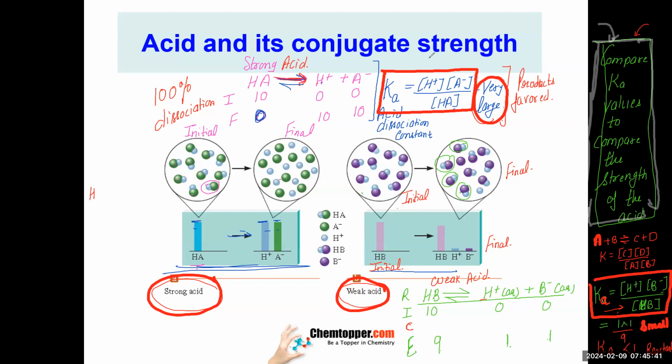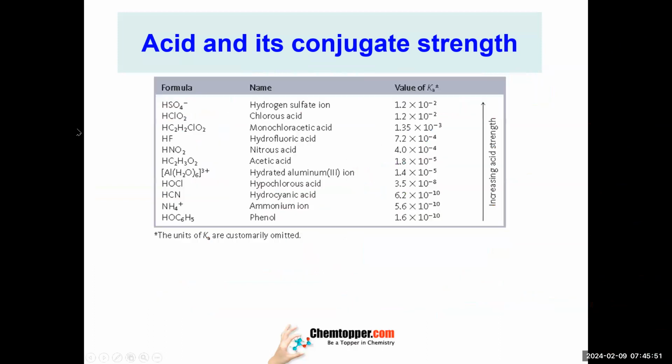Okay, I hope you have done all these things. Based on this concept, I'm taking you to the next slide to discuss the strength of the acids based on their Ka values, and then we'll discuss the strength of the conjugate also.